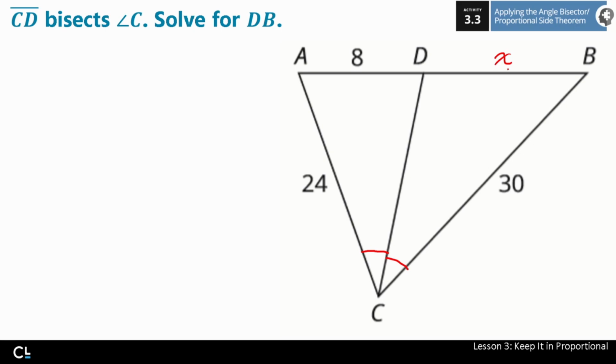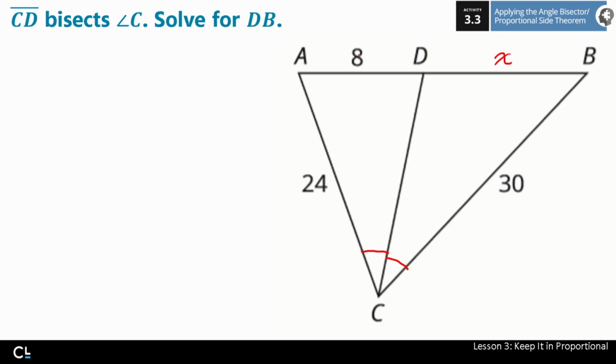So I like to give them a variable. I like using x because it's the most common one. Use whatever letter you want there, right? You like J, L, U, whatever you want. And all we have to do, once again, is set up our ratios. Now, the best thing is, it doesn't matter if we do 24 over 8 or 8 over 24, right? For our first one, I like to go from top down.